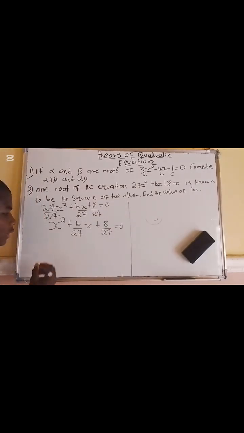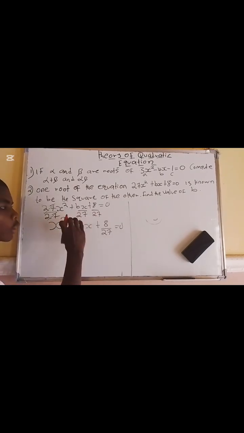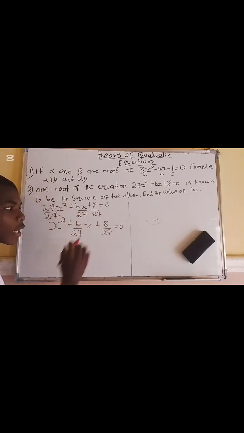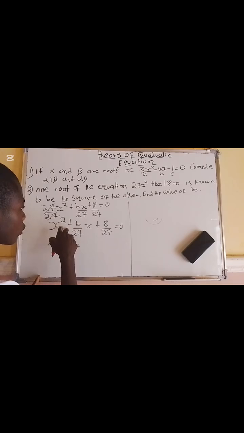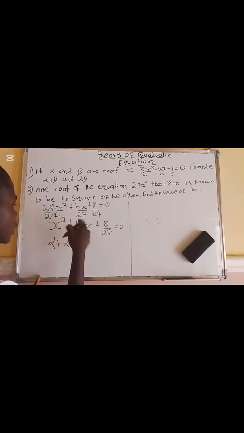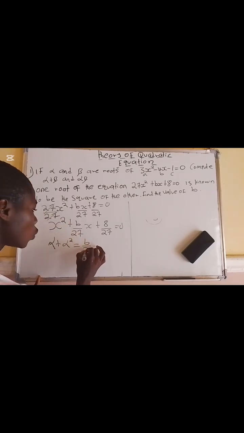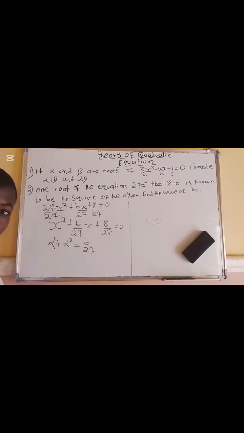So I have to recall what will be the roots of this equation. First, let the roots be alpha and alpha squared. The sum, alpha plus alpha squared, will be equals to negative b over 27.